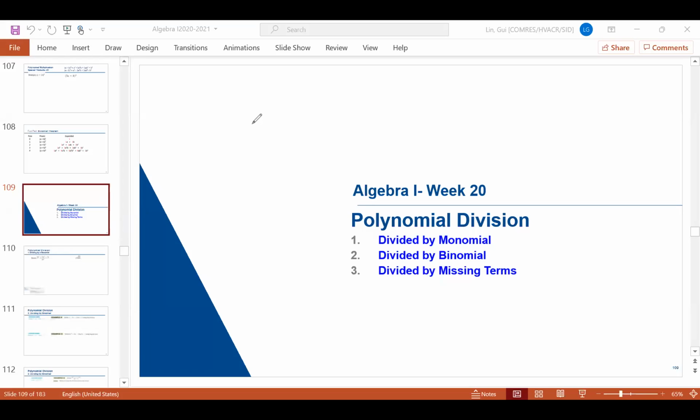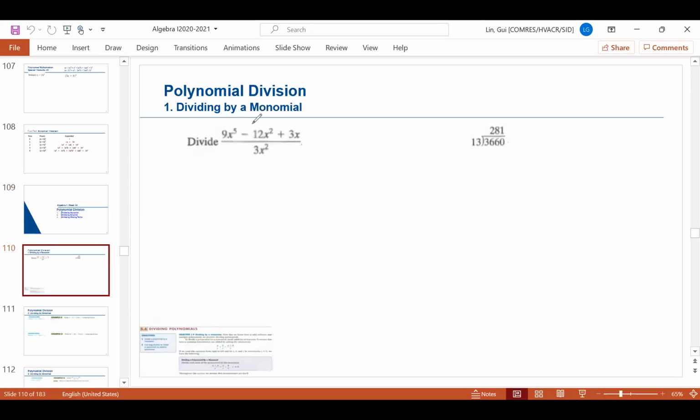So when they divide, if the denominator of the fraction has only one term, you can divide each of them separately, right?